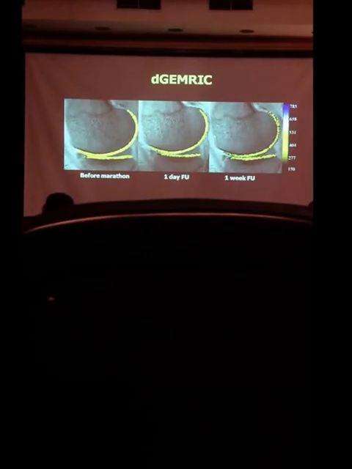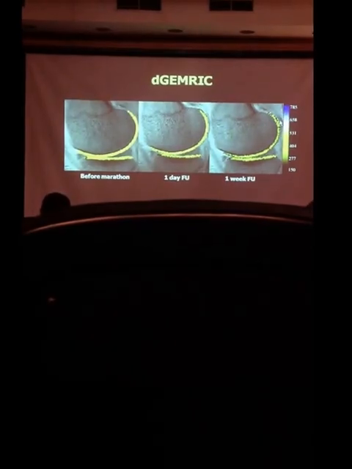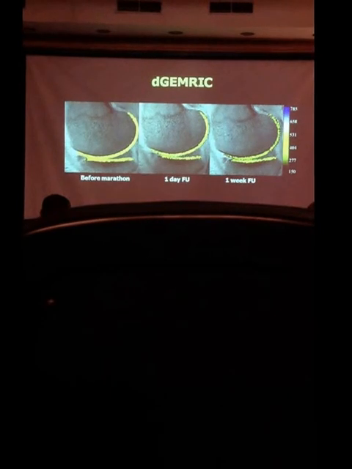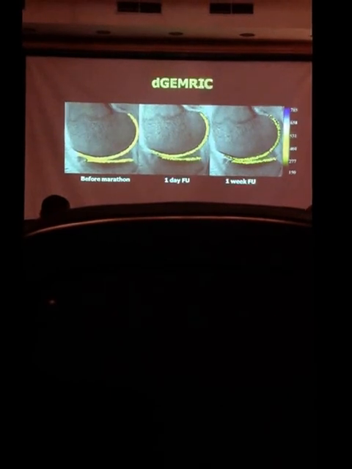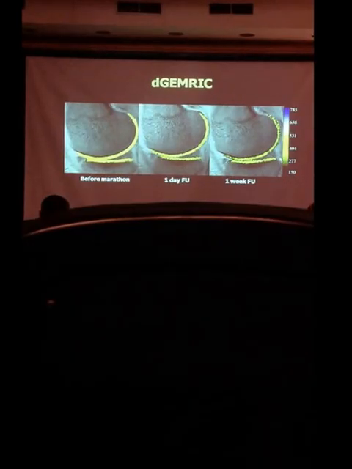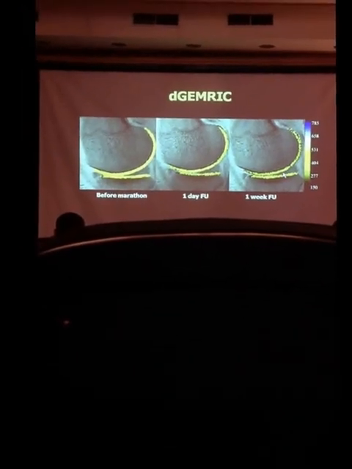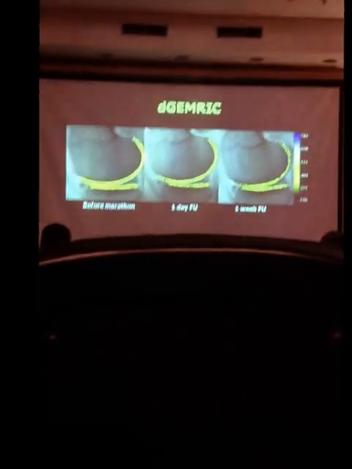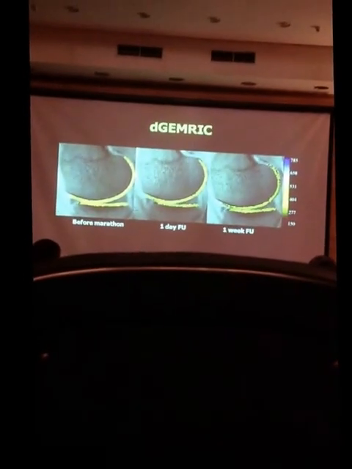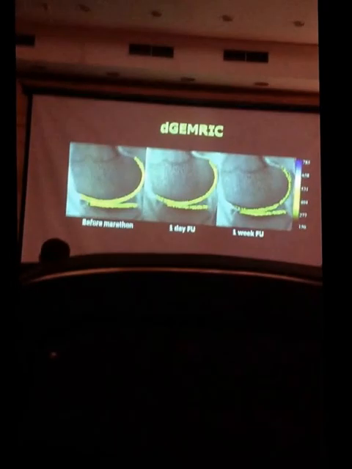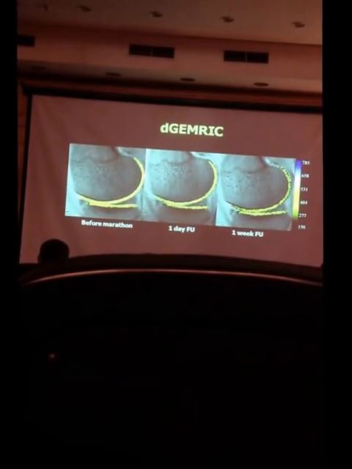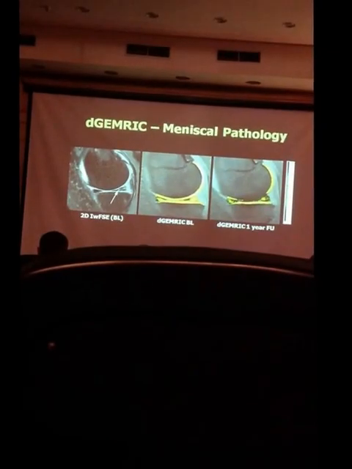And you can see 1 day after marathon, and even 1 week after marathon, the cartilage becomes heterogeneous with lots of so-called lesions, represented by lower degenerative indices. You can see here in the color scale, those red dots would represent cartilage degeneration, but we know in this case it's not cartilage degeneration. This was associated with the exercise. So be careful with physical activity when performing such techniques.